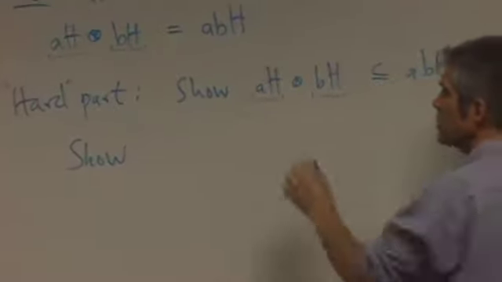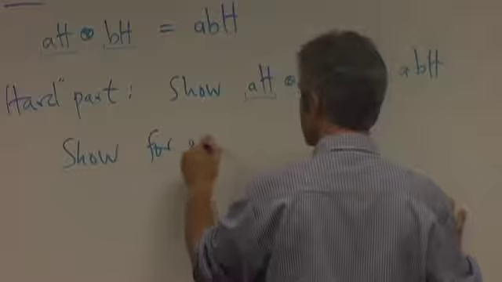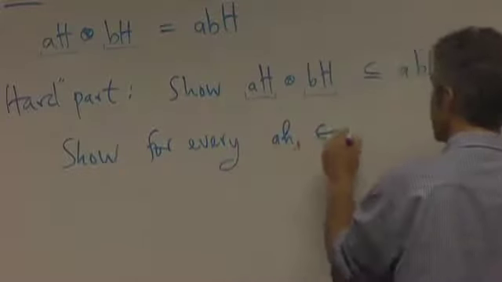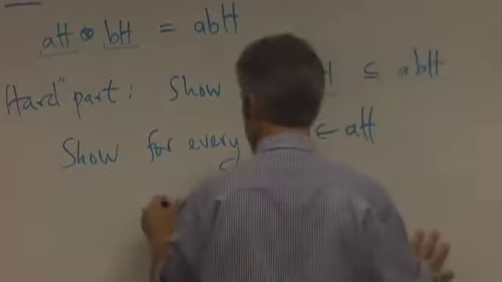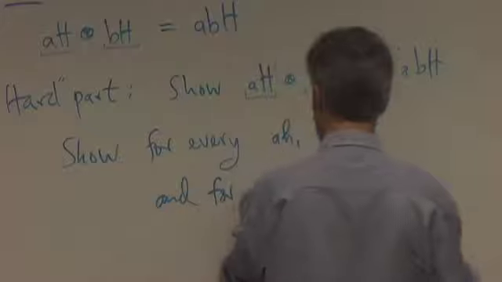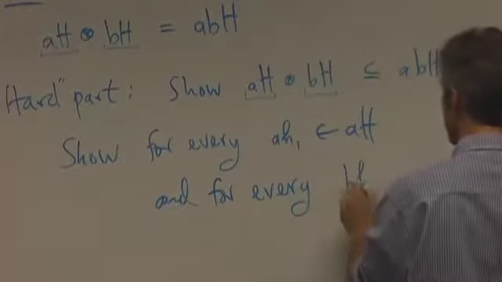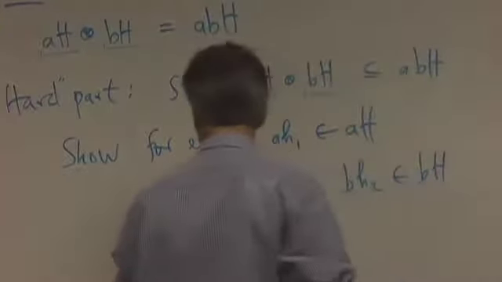It looks like you take something in here, for every element, let's call it AH1, that's what a generic element in here looks like, and for every BH2 in this other guy, BH, when we combine them together, AH1 BH2 is actually in ABH.